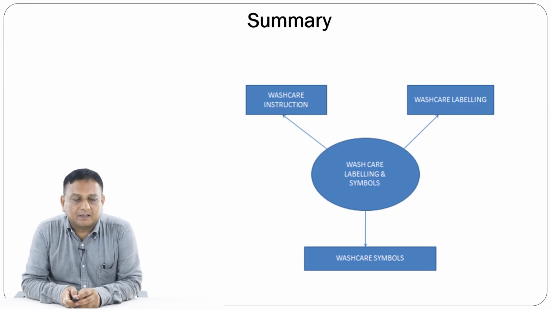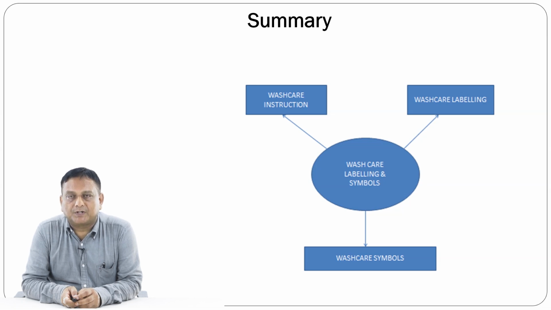Sometimes some lines are also available just below the washing symbol. It shows whether it is a normal washing or a delicate washing, etc.